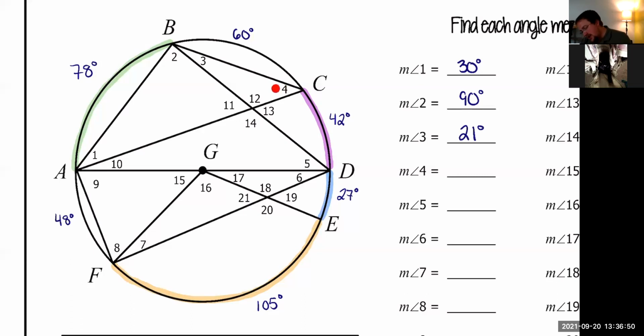Then we jump over here to angle 4, another inscribed angle, because the vertex C is on the circle. If I follow its legs out, it has endpoints at A and B. Well, arc AB is 78 degrees, so that inscribed angle should be half as much, which is 39 degrees.